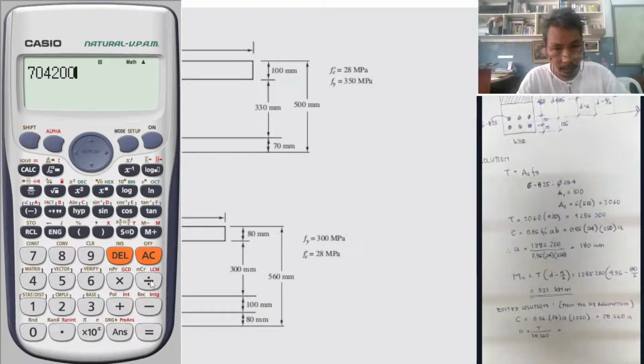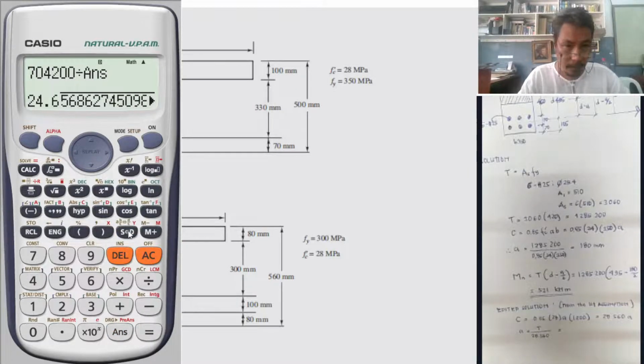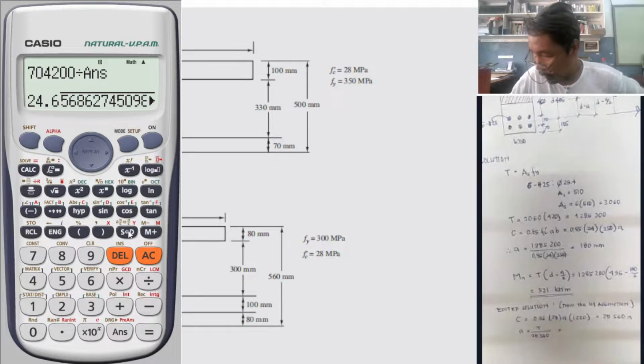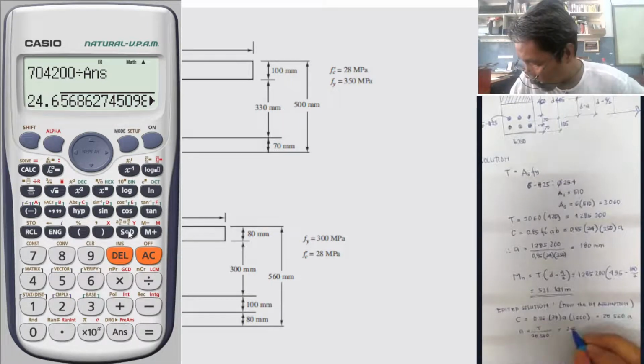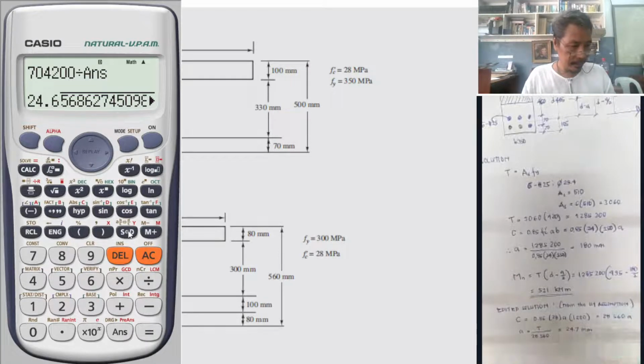Divide by 28,560, that is our value. So the correct value for a is 24.7. Okay? So 24.7 mm. That is the correct value.